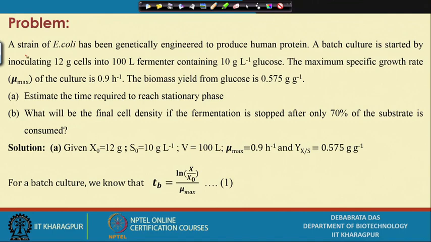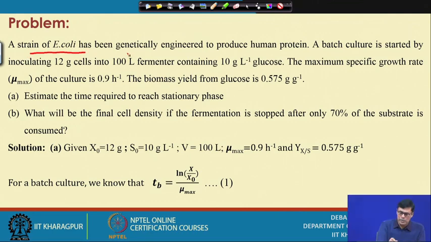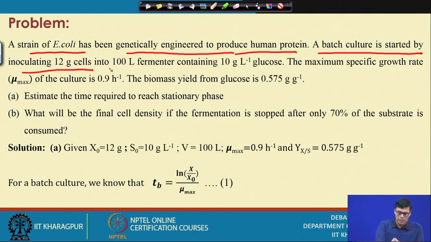Now, here a strain of E. coli has been genetically engineered to produce human proteins. You know that one human protein is insulin. This is the recombinant protein that we produce through the microbial fermentation process. A batch culture is started by inoculating 12 gram of cells into a 100 liter fermenter containing 10 grams per liter of glucose.